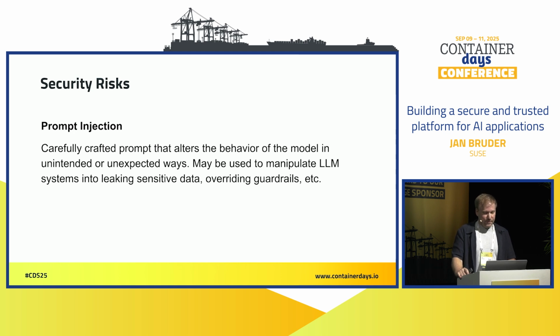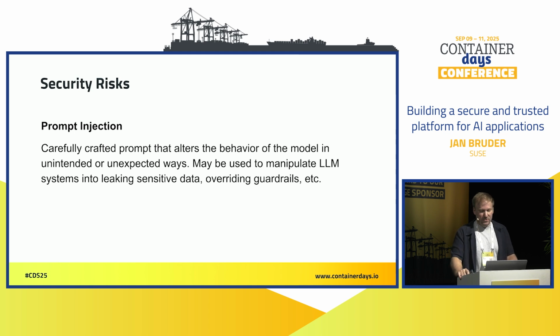So one is prompt injection. This is a vulnerability where an attacker crafts a prompt that seems not harmful, but it actually alters the behavior and maybe also circumvents some security measures in the model, some guardrails, to achieve an unexpected result.